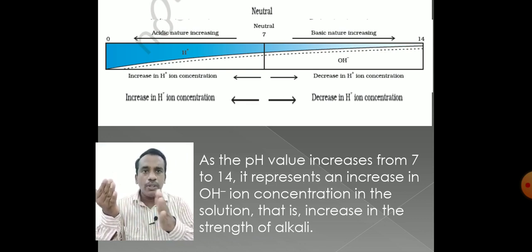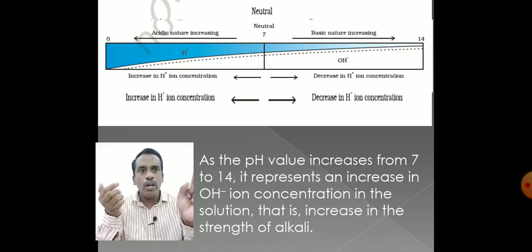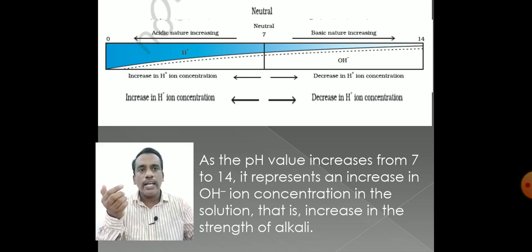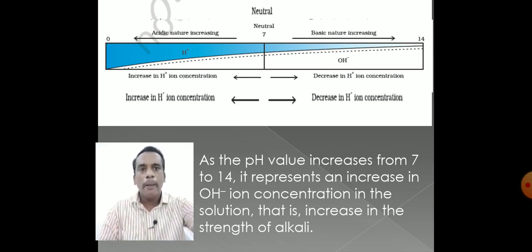When you come nearer to 7 from 0, the H plus ions are decreasing, so they are the weak acids. From 7.1 to 14, as you go on, the OH minus ion concentration is increasing. Means when you go to 14, the compounds are said to be more basic. So this is what we call the pH scale.